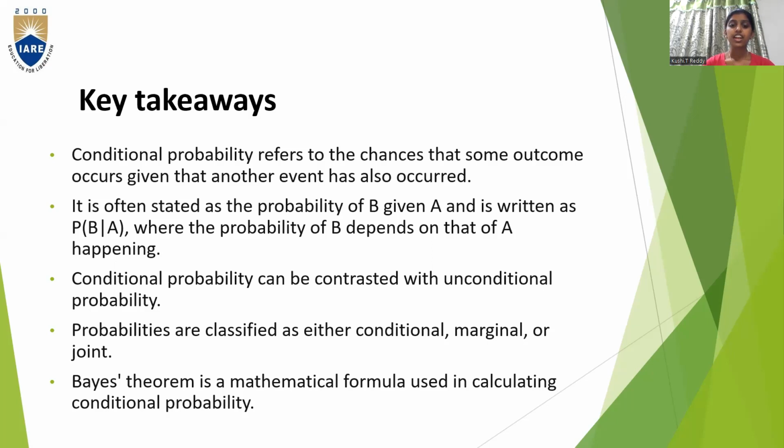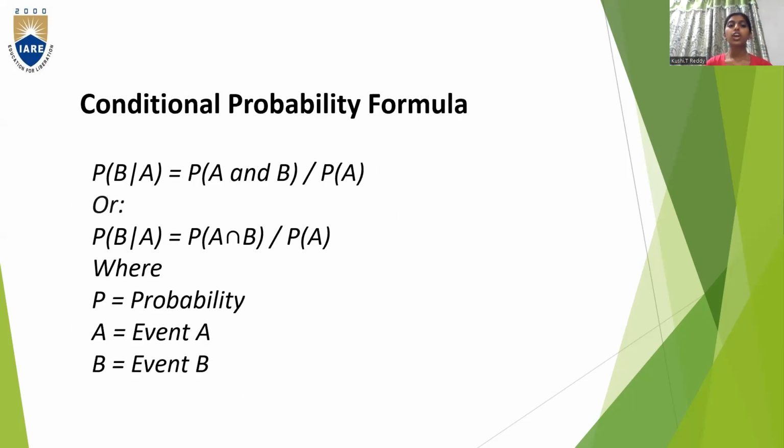Probabilities are classified as either conditional, marginal, or joint probabilities. Bayes' theorem is a mathematical formula used in calculating conditional probability. Coming to the conditional probability formula, P(B|A) = P(A and B) / P(A), or P(B|A) = P(A ∩ B) / P(A), where P is probability, A is event A, and B is event B.